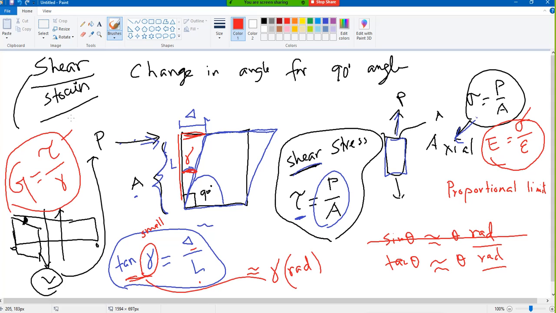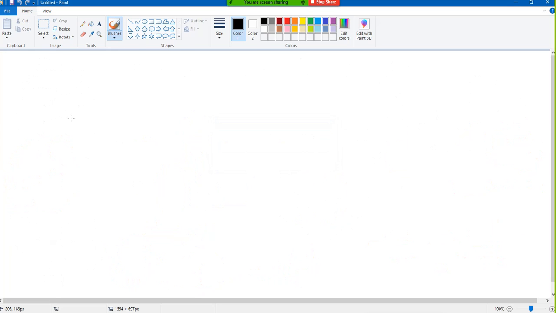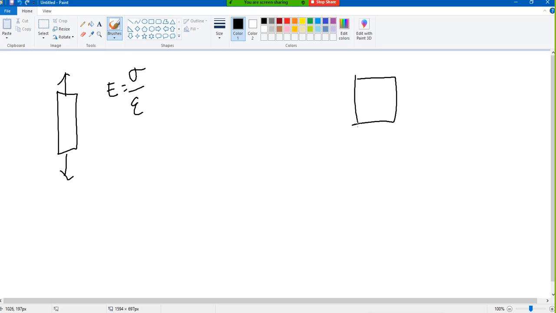Okay, let me take a new figure because it becomes so messy. I'm drawing again. For this case, your E was axial stress over axial strain. For this case, your G is shear stress over shear strain. What is this?